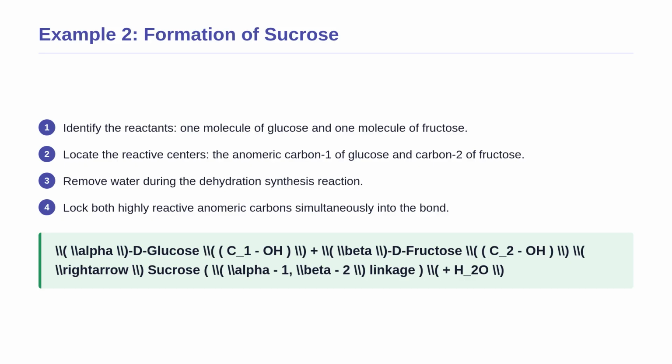For glucose, it is carbon 1, and for fructose, it is carbon 2. During the dehydration synthesis, the glycosidic linkage forms directly between these two highly reactive anomeric carbons. By removing water, we lock both of them into the bond simultaneously, creating an alpha-1 beta-2 linkage.